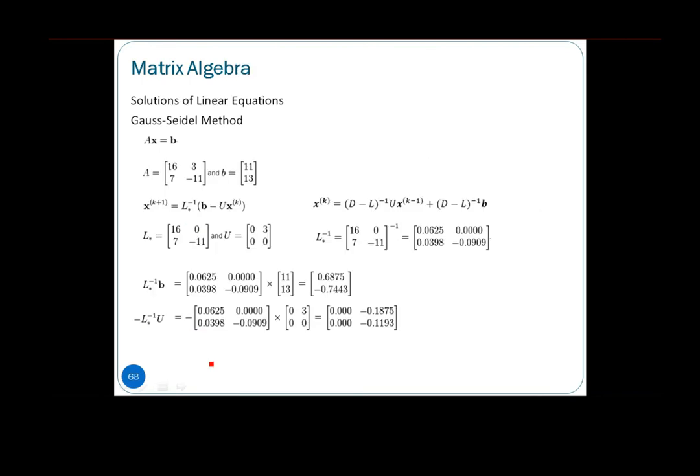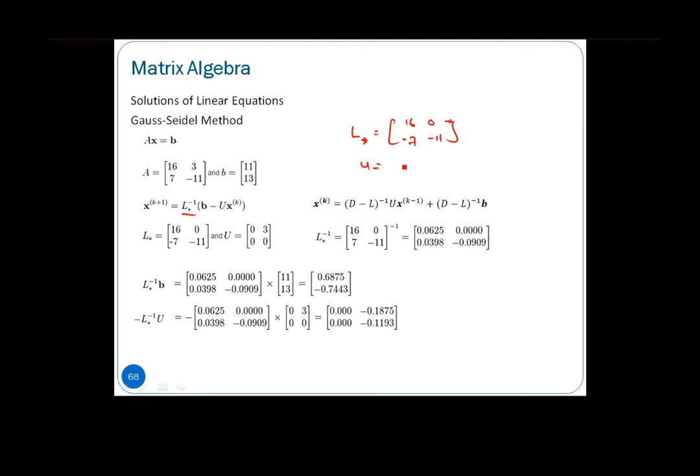So in the case of matrix form, if you want to solve it, we need to find this L star. This L star is basically our diagonal matrix minus our lower triangular matrix. Here, the internal matrix is 16, negative 11, then we put negative at here, minus 7, then 0.